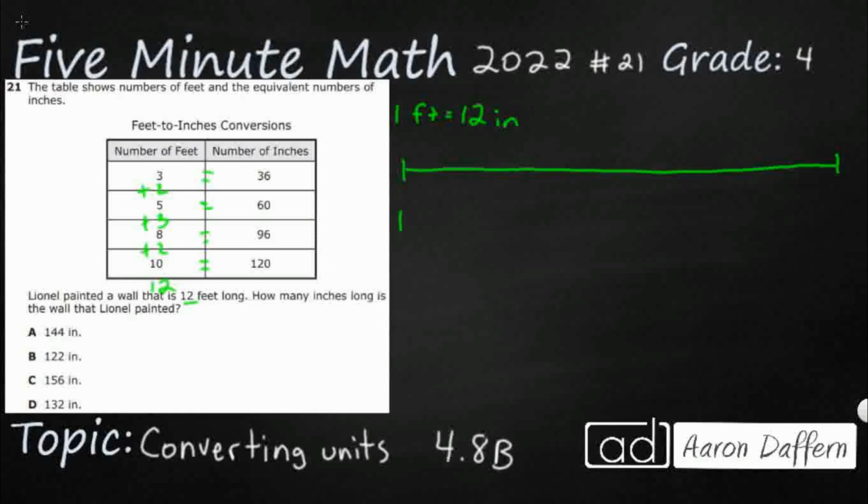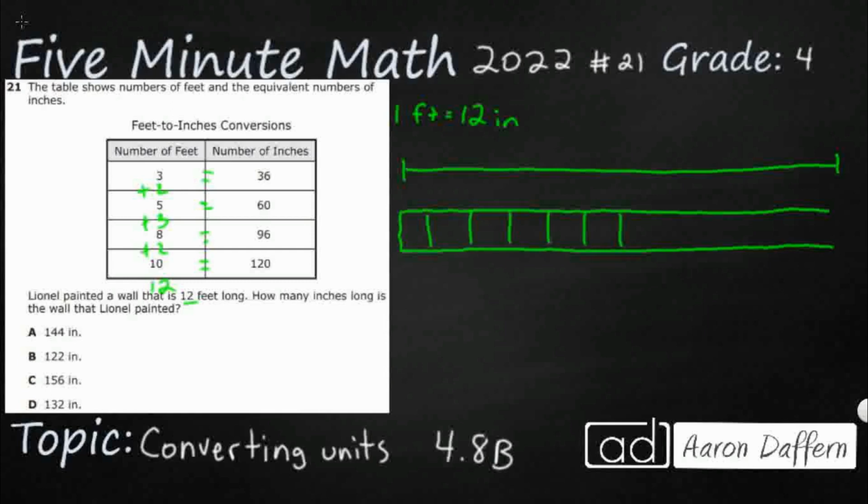And I could say, all right, here are my 12 feet. Okay, and let me see if I can draw that correctly. Pretend those are even. All right, and those are my 12 feet.